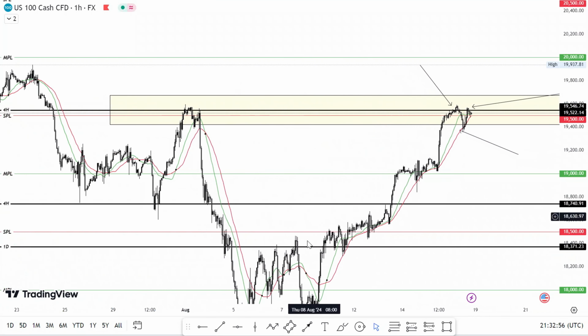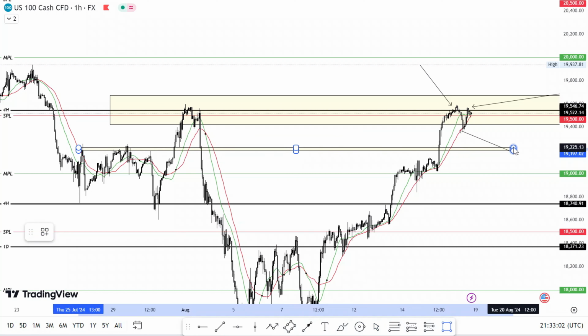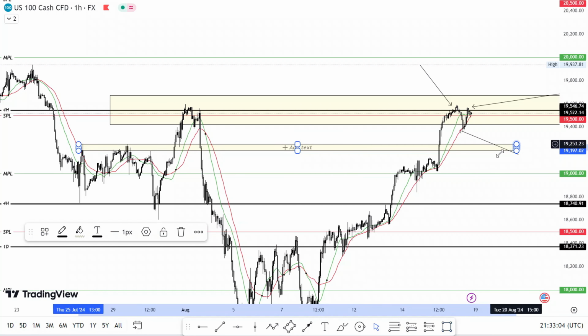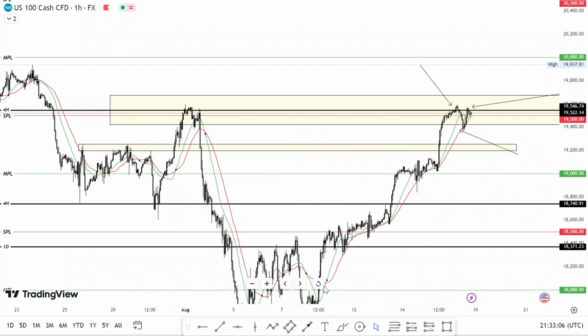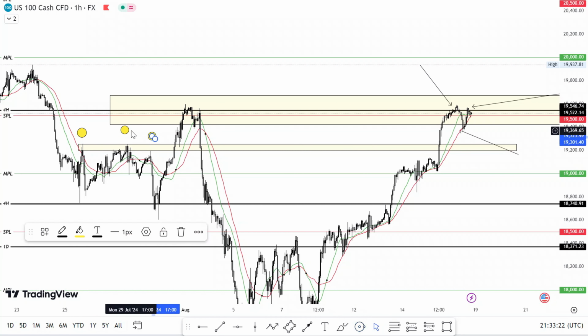Now, on the 1-hour time frame, we are going to see that there is a level here. This level acted as a resistance to the market.